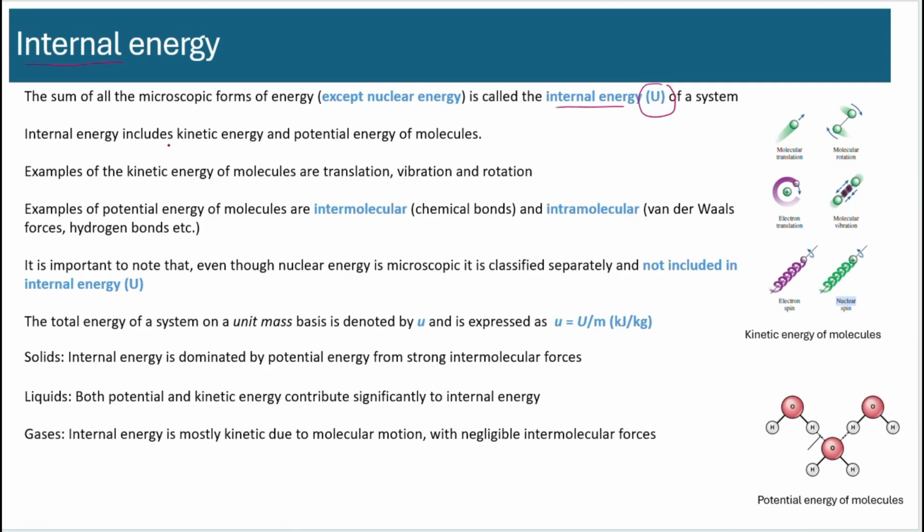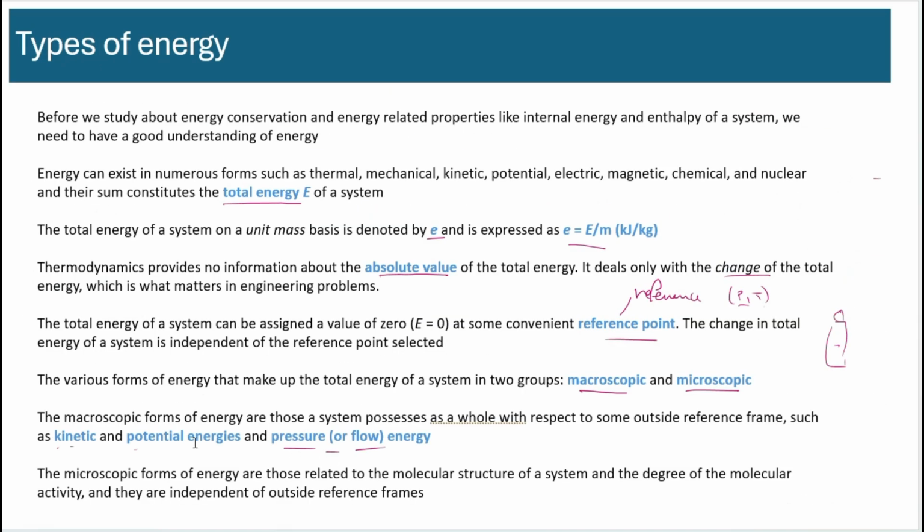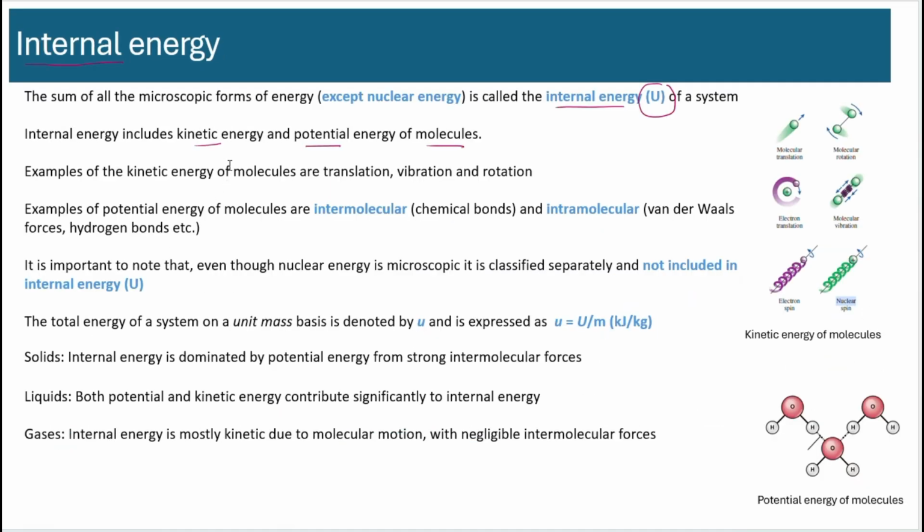It includes kinetic energy and potential energy of molecules. Do not confuse that with the kinetic energy that I explained here. These are macroscopic, of the whole system. Now we are talking about microscopic kinetic energy.